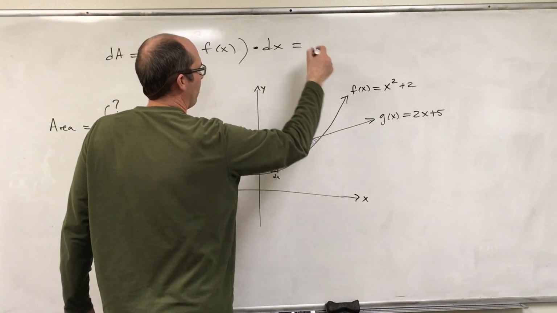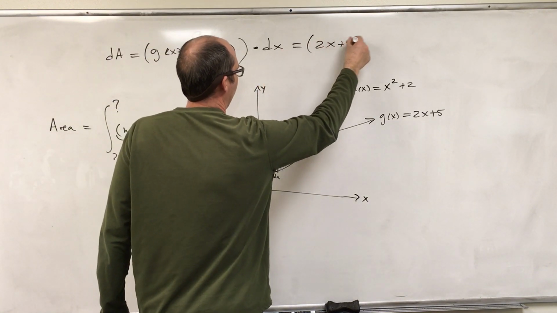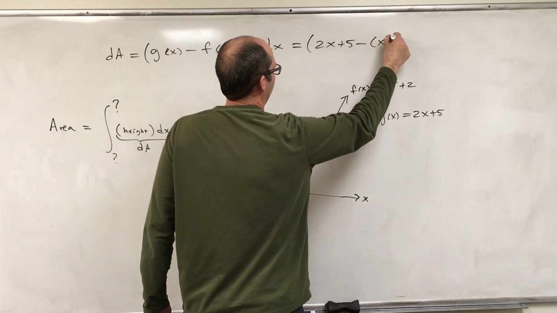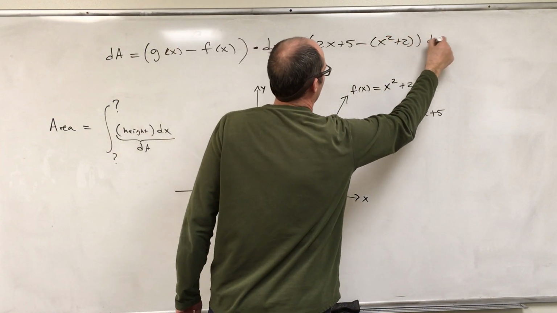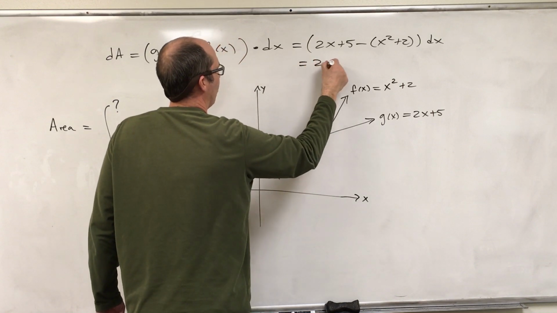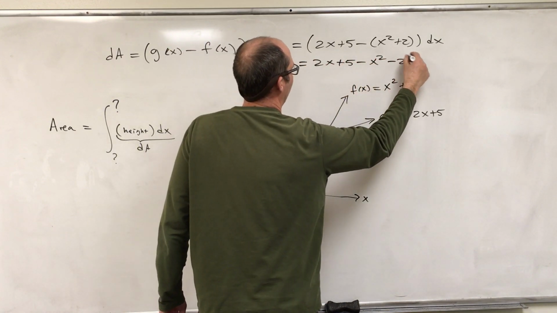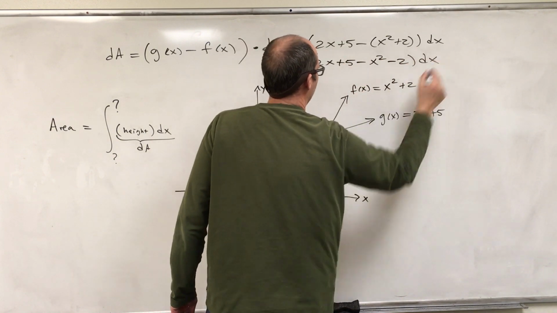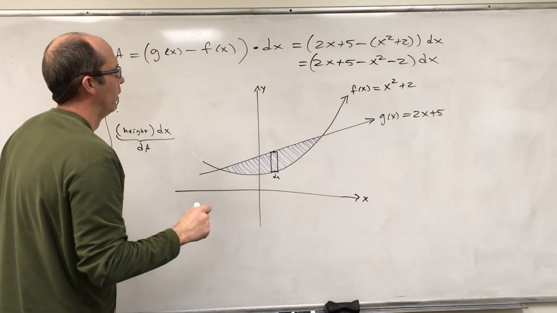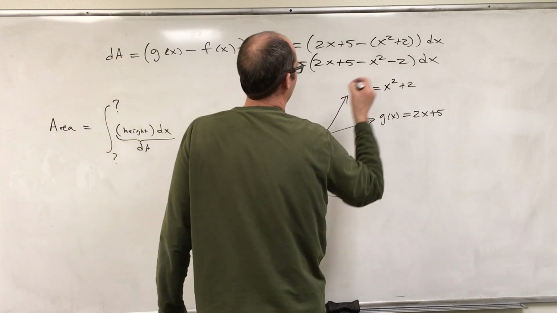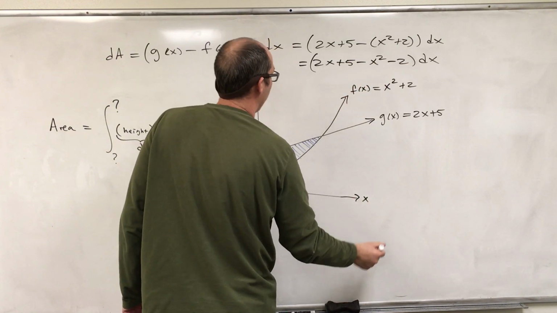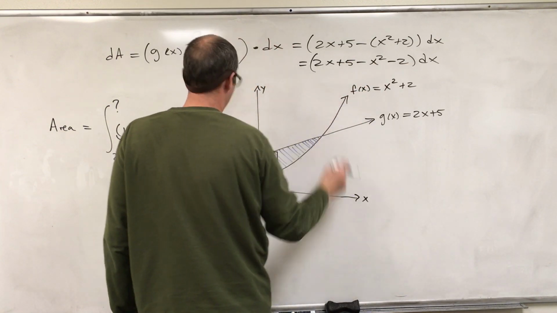Okay, g of x is 2x plus 5, minus x squared plus 2, dx. So that's 2x plus 5 minus x squared minus 2, dx. Plus 5 minus 2, so we can write this in an order that I think most people like.